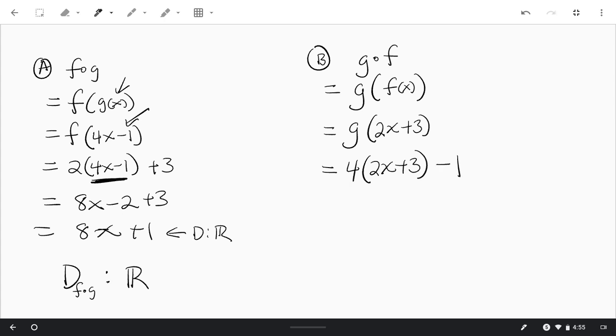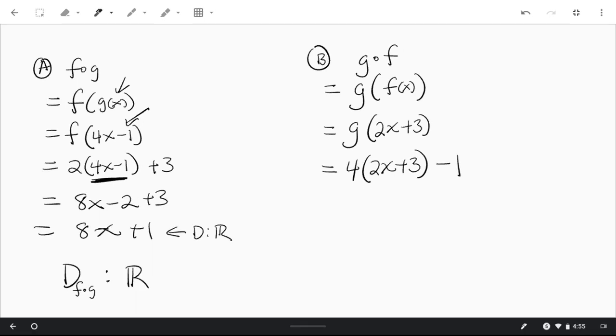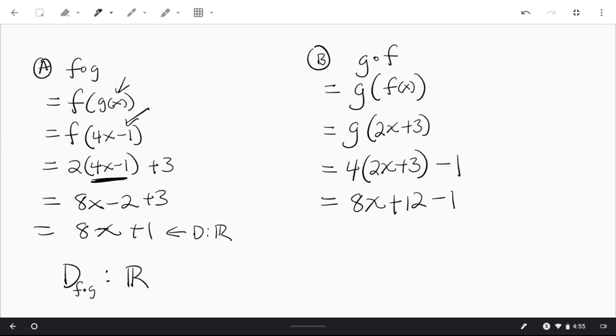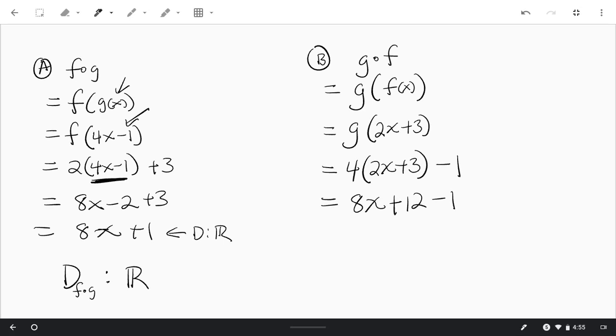So we get 8x plus 12 minus 1, so I get 8x plus 11.